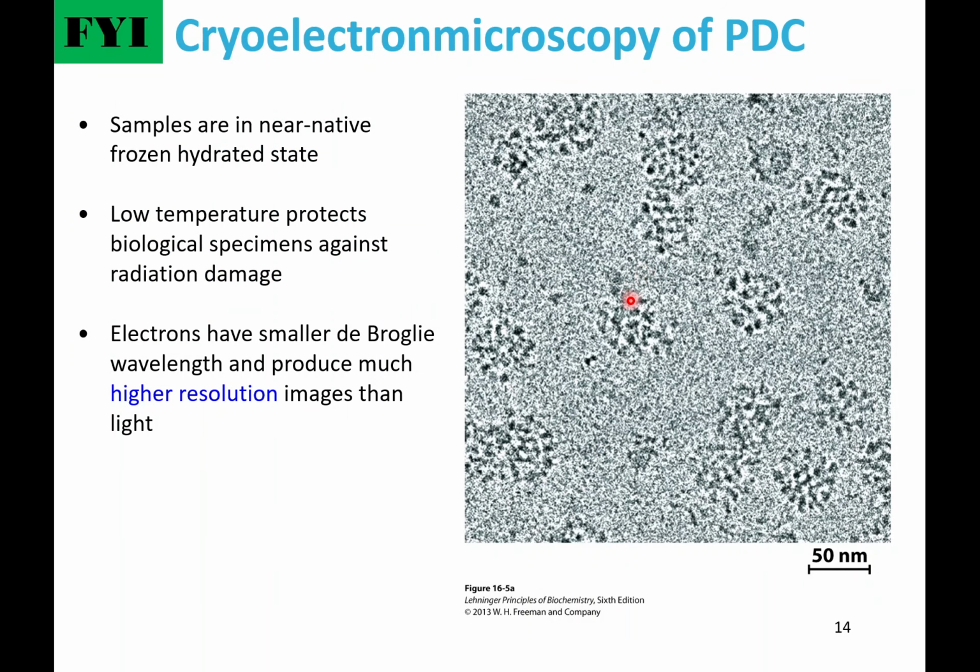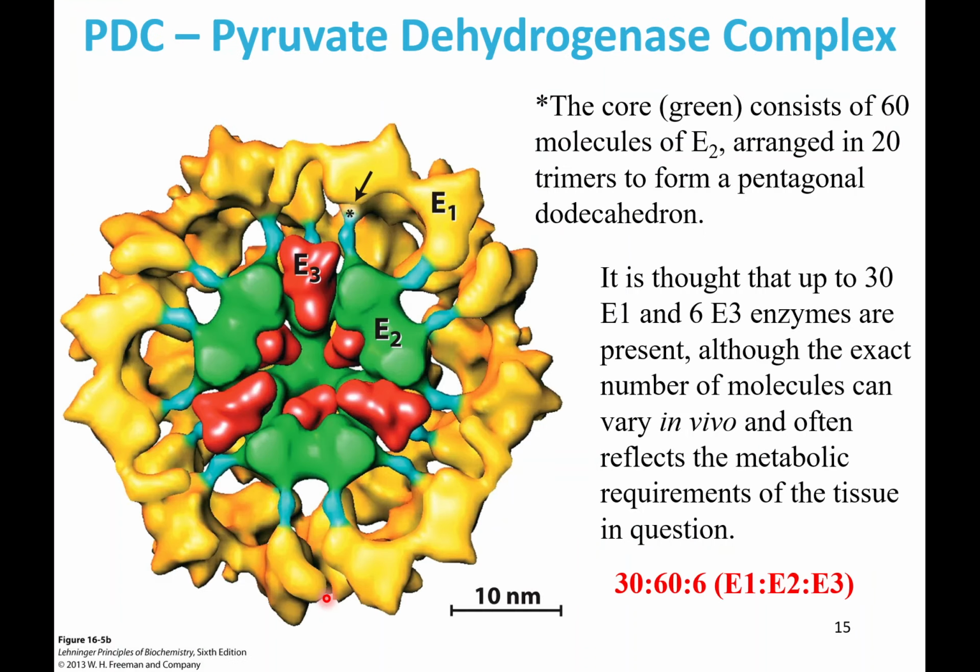This is cryo-electron microscopy, and you can see that these complexes are very large. You can actually see them in an electron microscope, and they're something like 50 nanometers in diameter. Okay.